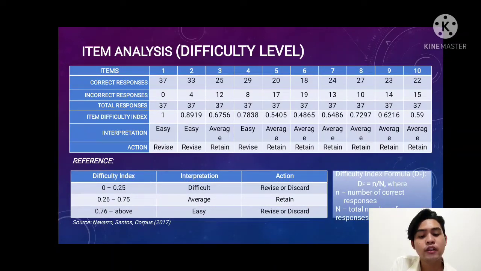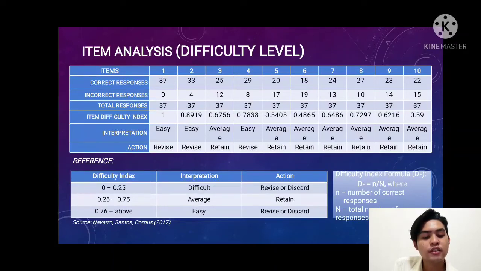Item number 4 got 29 correct responses with 8 incorrect responses, and its item difficulty index is 0.7838 with an interpretation of easy, and the action should be revise. The fifth item got 20 correct responses, 17 incorrect responses.